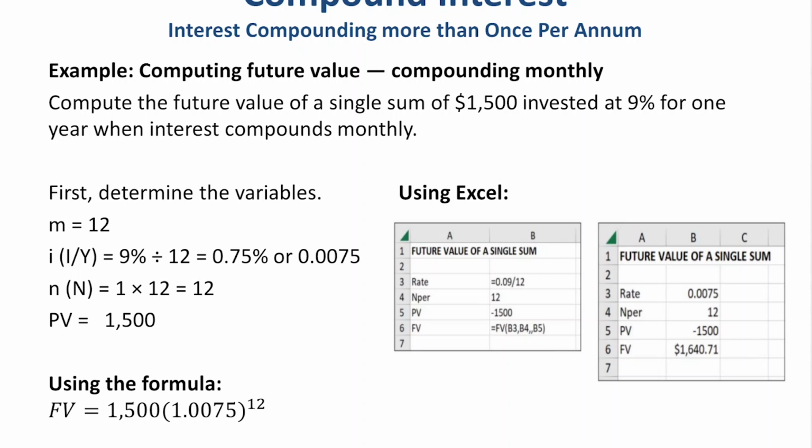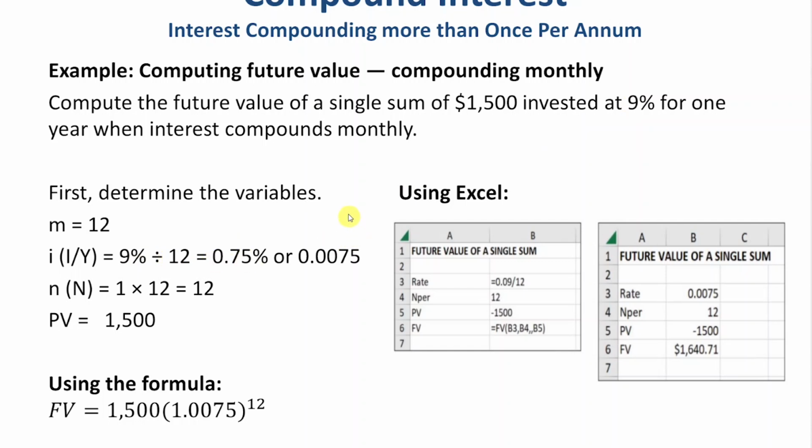Okay, and therefore, if you compute the future value of a single sum of $1,500 invested at 9% for 1 year, with interest compounded monthly, so it's 12 times a year. So it's 9% divided by 12 as your interest rate per period.